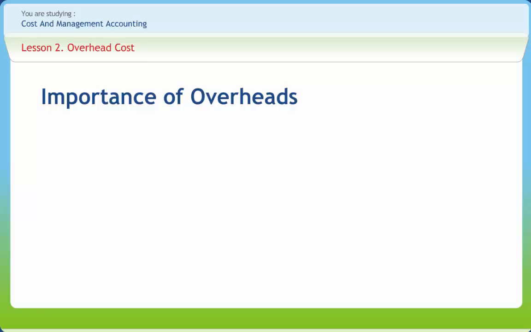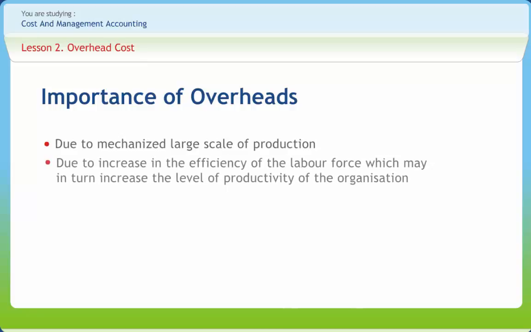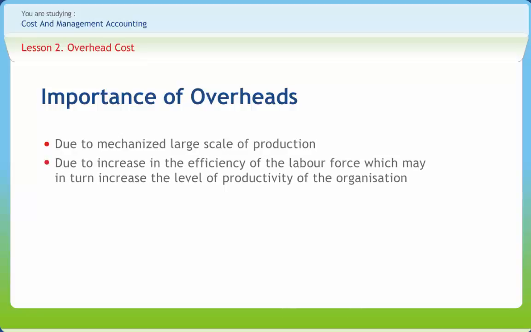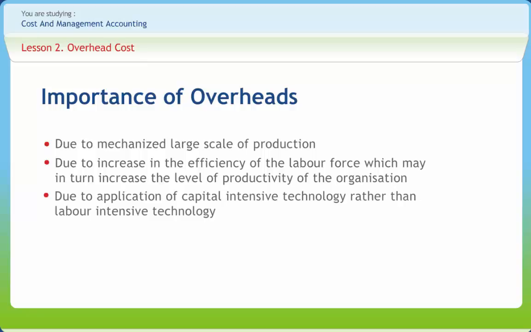The hike in the volume of overheads is due to reasons like mechanized large-scale production, an increase in the efficiency of the labor force, which may in turn increase the level of productivity of the organization, and the application of capital-intensive technology rather than labor-intensive technology.